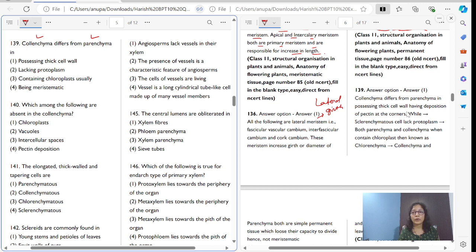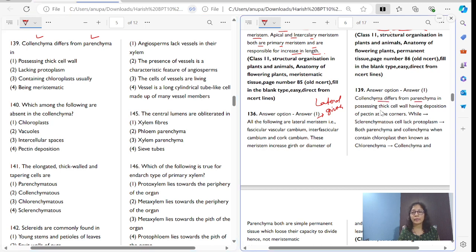So we know that collenchyma differs from parenchyma in possessing thick cell walls because in collenchyma there is a deposition of pectin at the corners and that's why the corners of collenchymatous cells are thick.